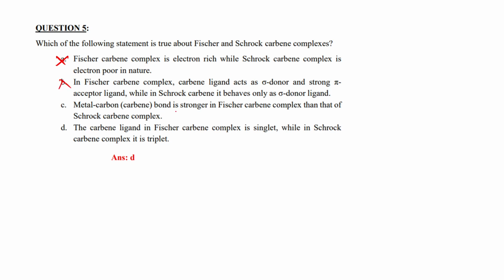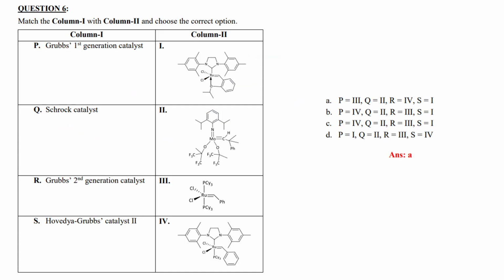And the metal carbon bond is stronger because it is like an alkene, so no single bond character is there and it has a high barrier of rotation. So now the carbene ligand in Fischer carbene is singlet and Schrock carbene is triplet. So that is the right option.